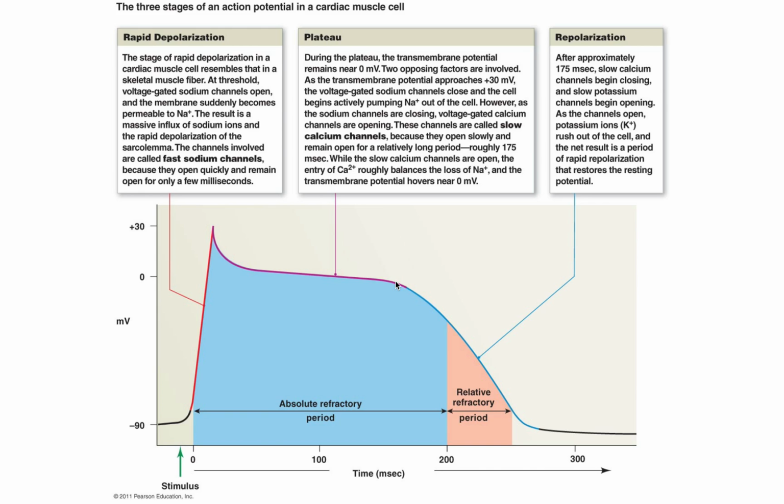It's due to slow calcium channels, and this is what gives them a relatively long refractory period. It's still only 200 milliseconds, but that's much longer than it was in skeletal muscle. And as the slow calcium channels close, potassium channels open, and the heart repolarizes.